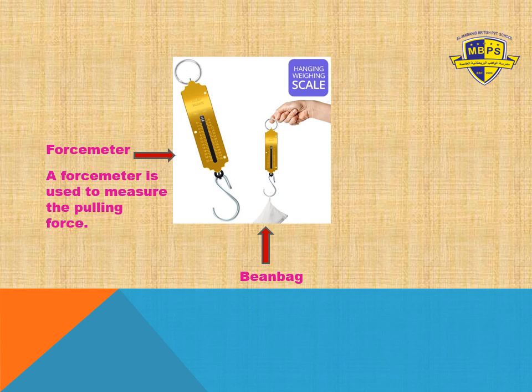Okay, grade 2. You can pause this slide and just check what you can see in the picture. It's a force meter. Yes. So what is a force meter? A force meter is used to measure the pulling force. As you can see in the next picture, what is it?